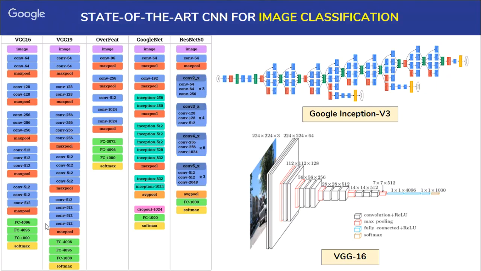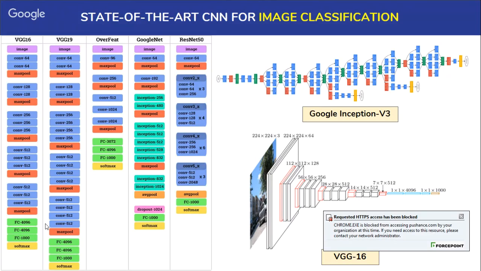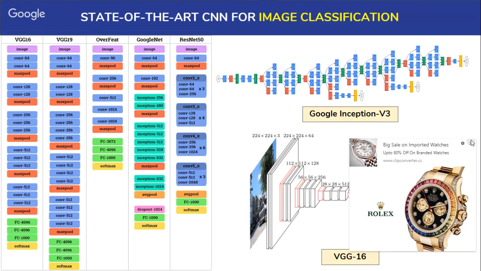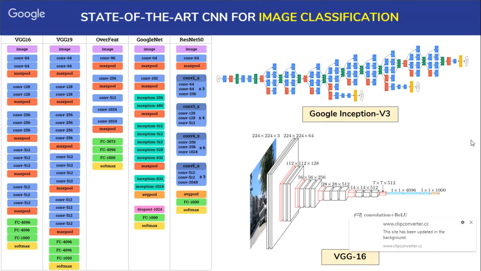So coming to GoogleNet. What is the difference between VGG16 and 19 and AlexNet? In GoogleNet, we have deeper convolutions. In the earlier cases, you would have seen only one convolution in each layer. But in GoogleNet, within the convolution, we try to do several parallel convolutions, with 1 cross 1 convolution, 3 cross 3 and 5 cross 5 convolution.